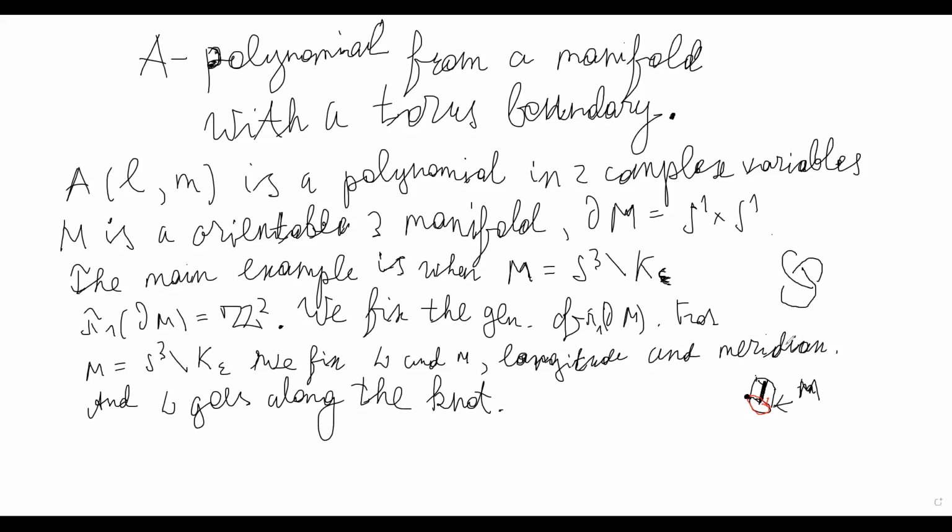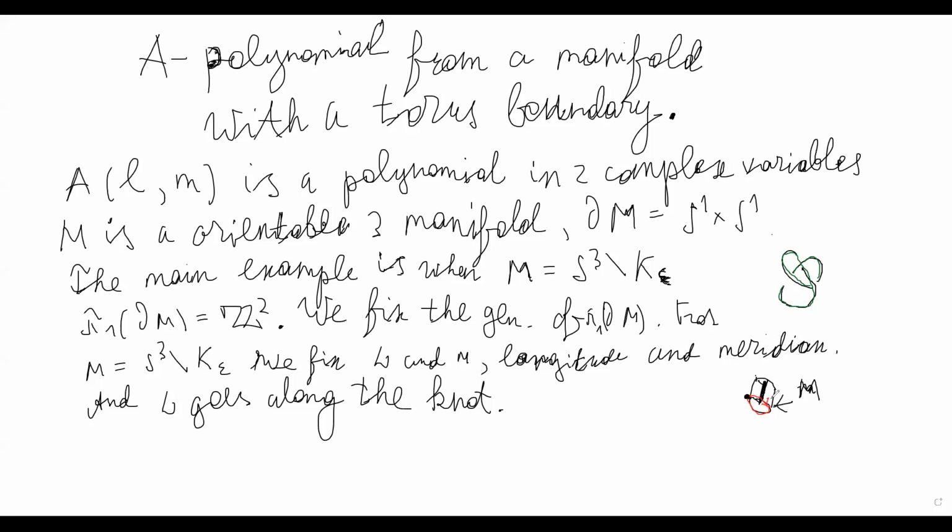Yeah, but if we go arbitrarily along the knot, say we start here. Okay, I need a color again. One moment. Okay, so we started here. We want to go along the knot, but then we may do some rotations when we go along the meridian.